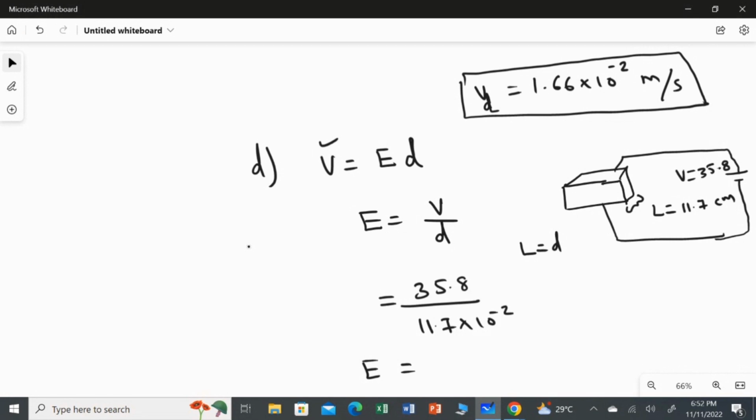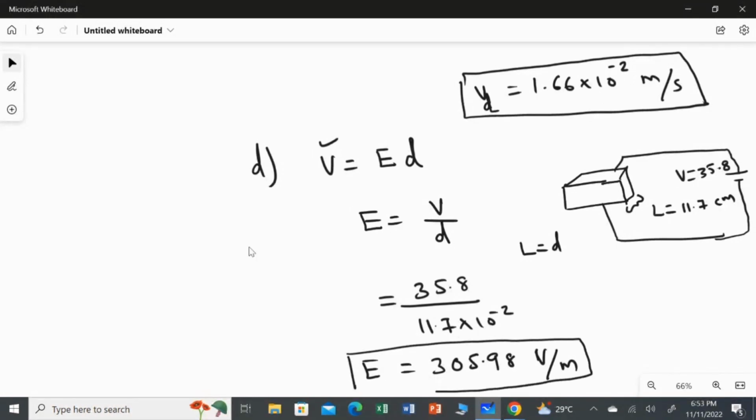I think the answer is 305.98, and the unit is volt per meter. This is the answer for the fourth question. Clear?